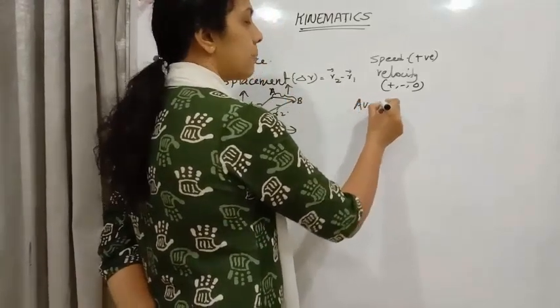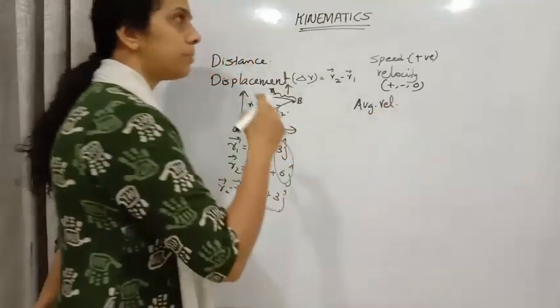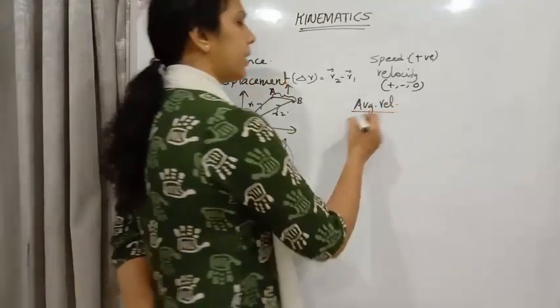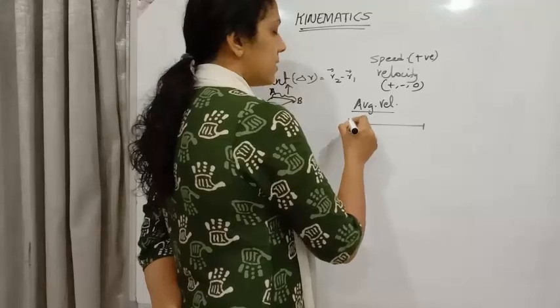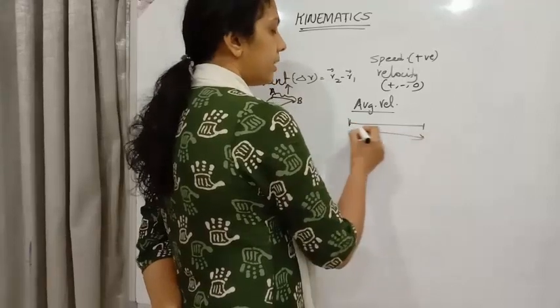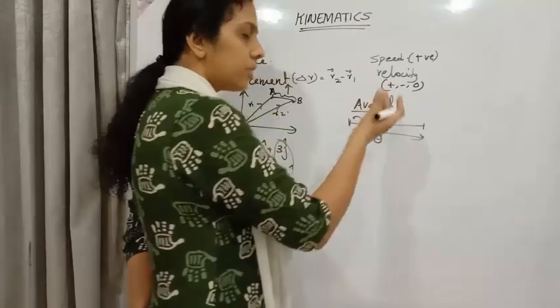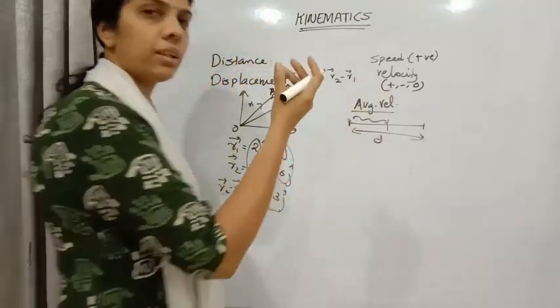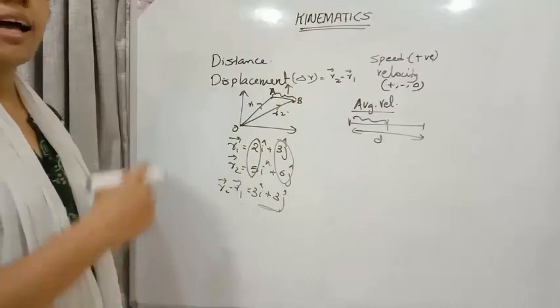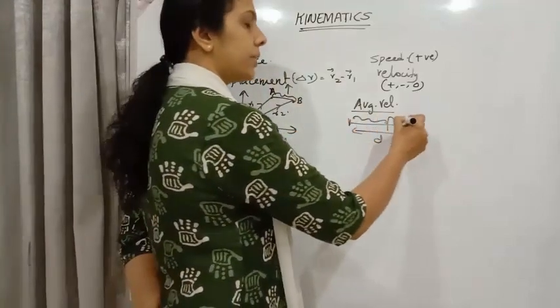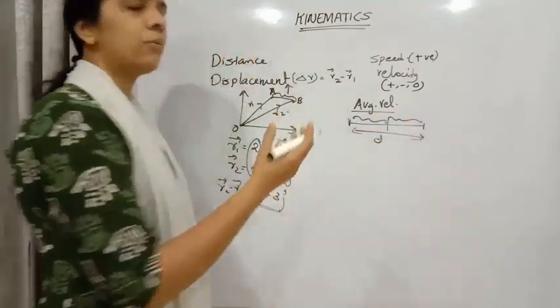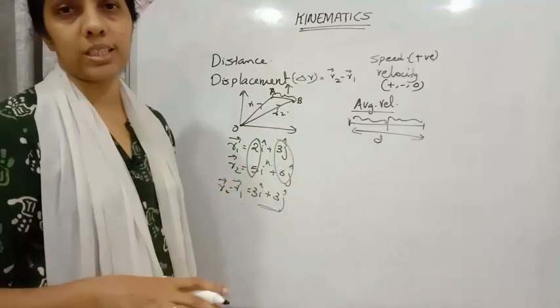Then how can we find the average velocity? Suppose an object is covering a distance d. In that distance, for some interval of time it moves with one particular velocity, and for the next interval of time it moves with another particular velocity. Then what will be the average velocity?